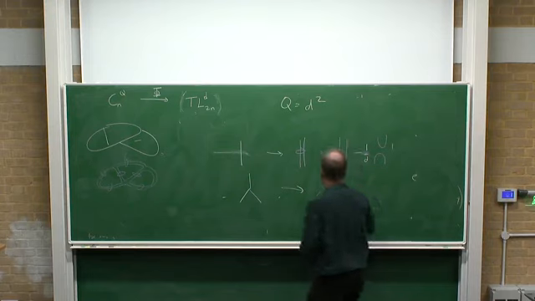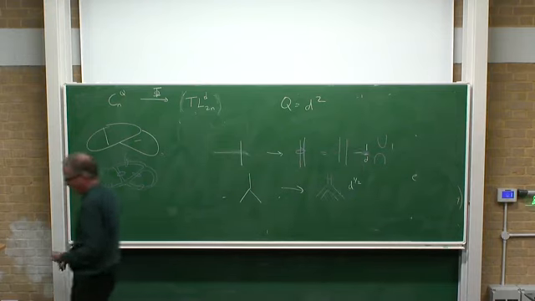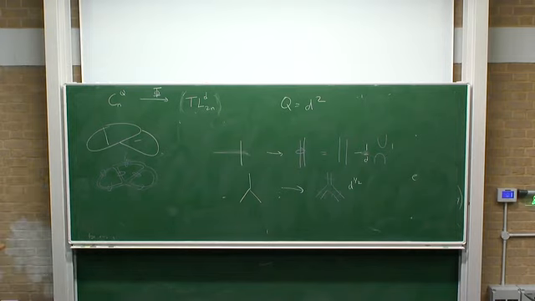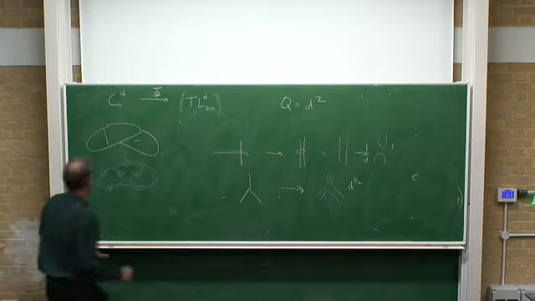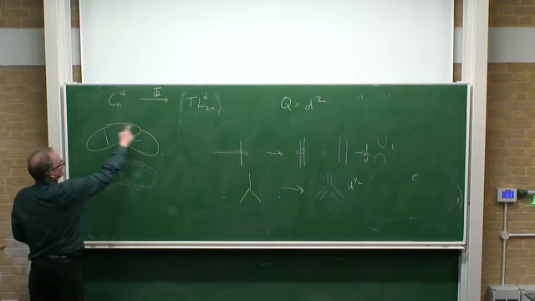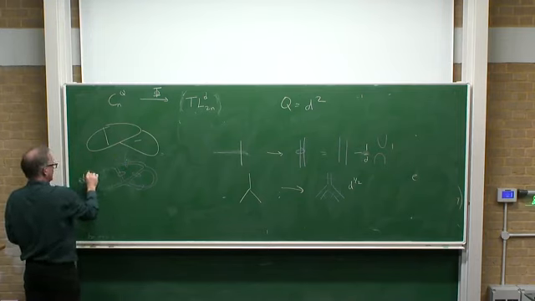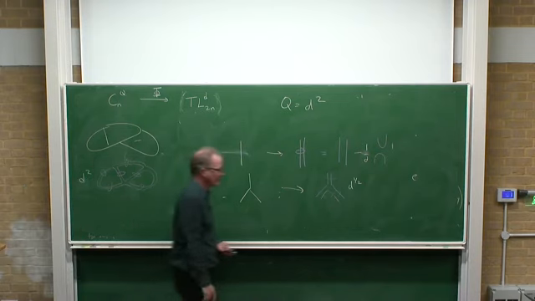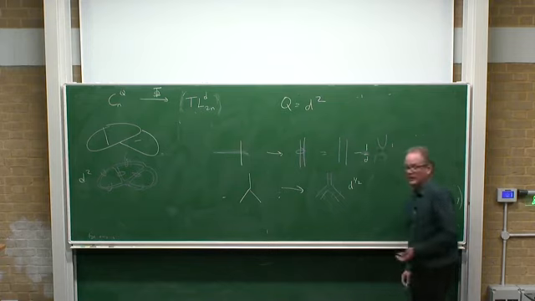And then for convenience's sake, I multiply by this factor d to the 1/2. Since we have 1, 2, 3, 4 vertices, this would give me a factor d squared when I do this replacement.